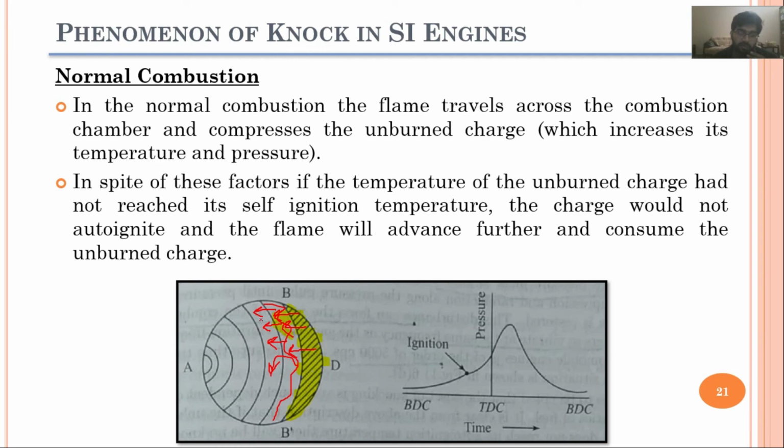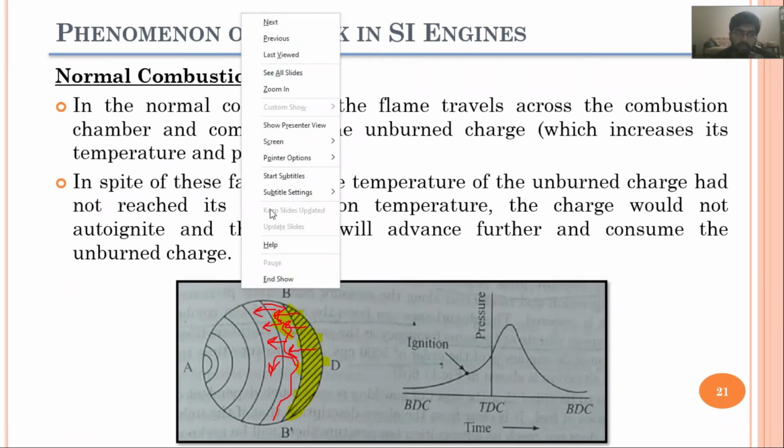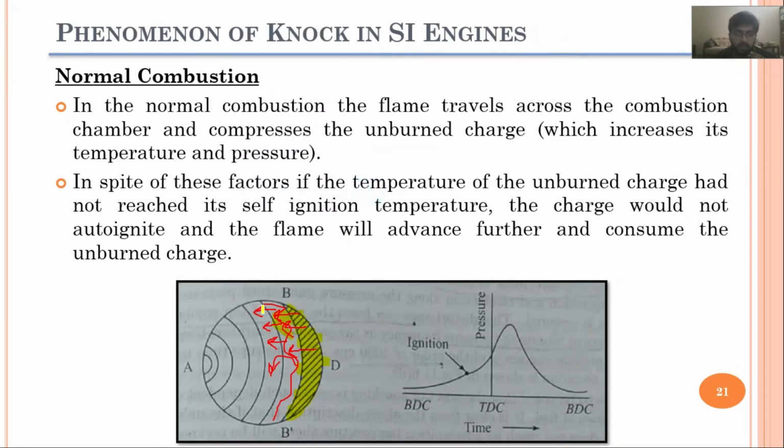So what will happen? At some point, when we are talking about abnormal combustion, about knocking, in any layer, for example at this layer, if the temperature reaches or goes beyond the self-ignition temperature of the fuel, another flame will appear.